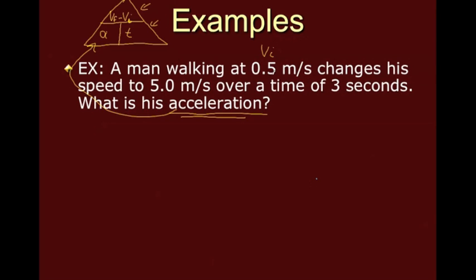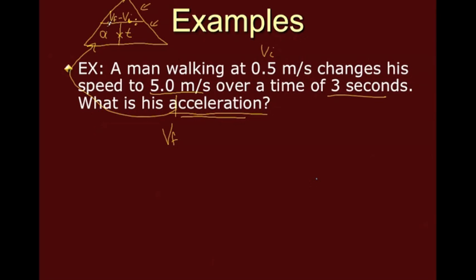is 0.5 meters per second. Okay, because then they say he changes his speed to 5 meters per second. That is his VF, his final velocity, and the time is 3 seconds. So now we just need to plug it into our formula as we see above. Okay, and if you remember, it's VF minus VI divided by time.